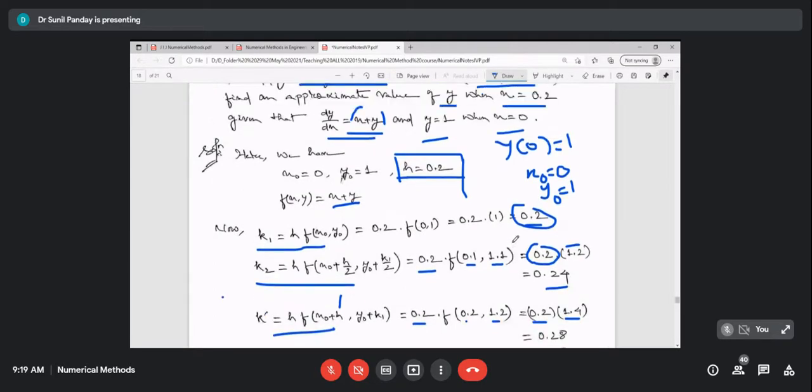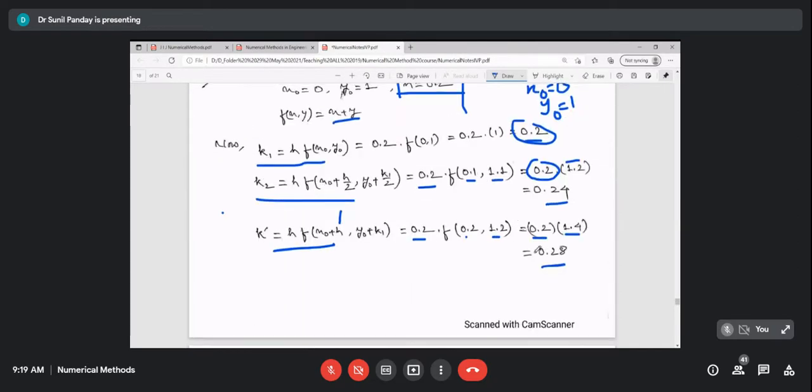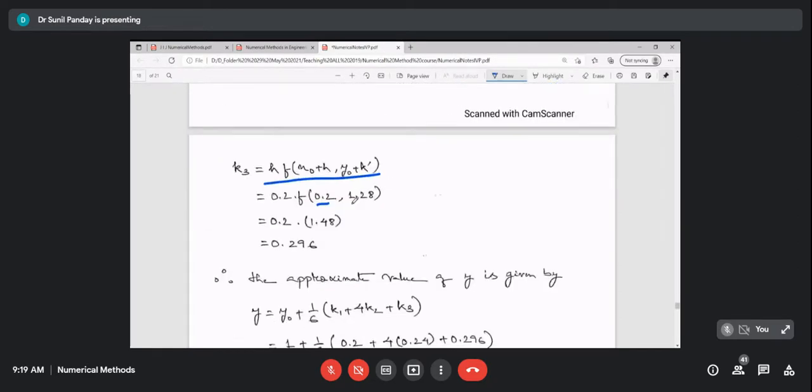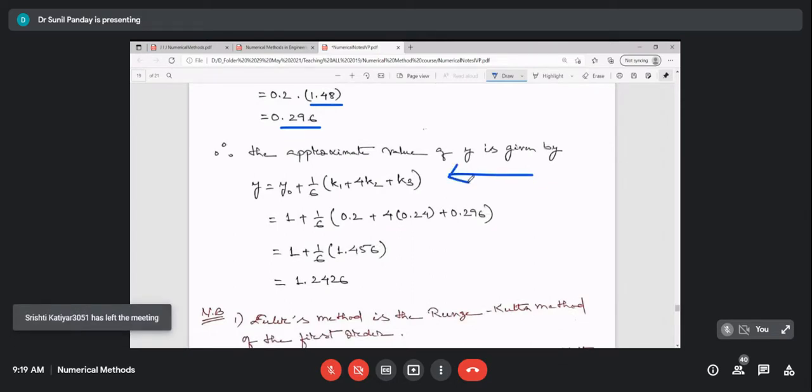Once we have all these values, we will calculate k3, which uses y0 plus k dash. So x0 plus h is this one, y0 is 1, and k dash is 0.28. After substituting in the definition, this plus this will give us this one, and multiplying by 0.2 will give us this. Then we apply the third order Runge-Kutta method, which is y equals y0 plus 1 by 6 of (k1 plus 4k2 plus k3). We substitute all the values and we will get this.